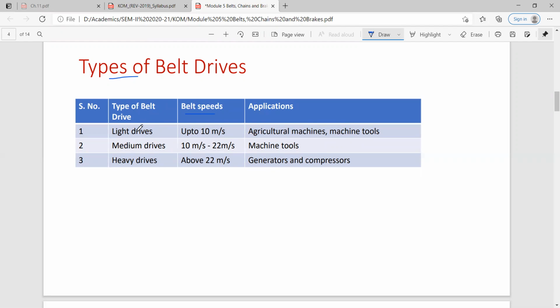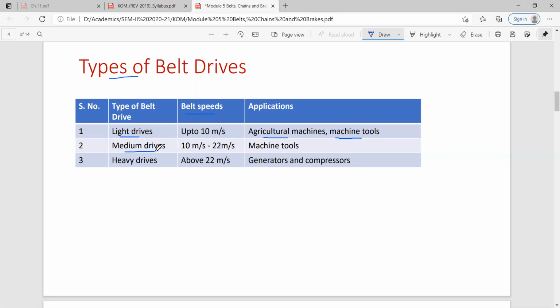So there are light drives. In light drives, the belt speeds go up to 10 meters per second. Applications you will find in agricultural machines and machine tools used in workshops.